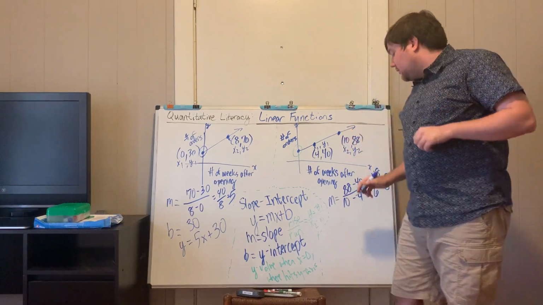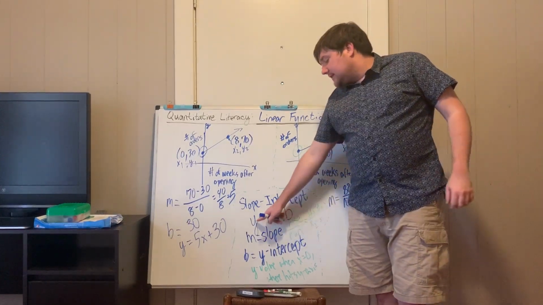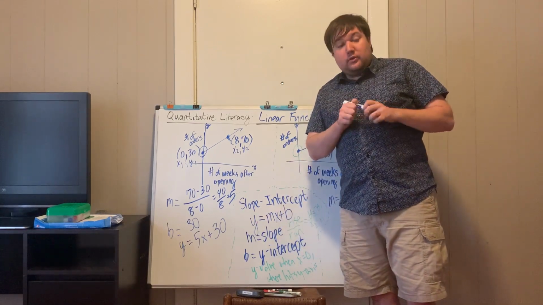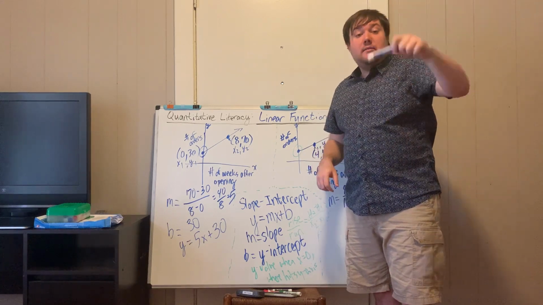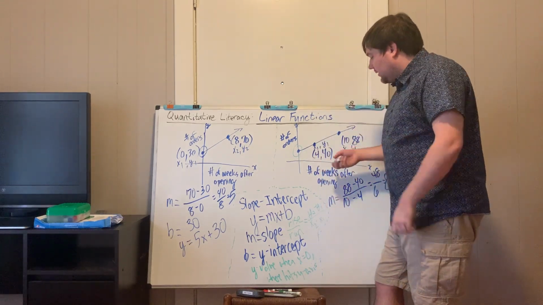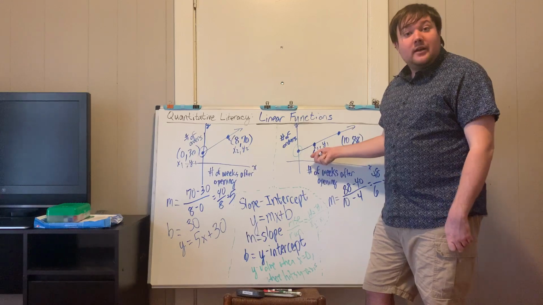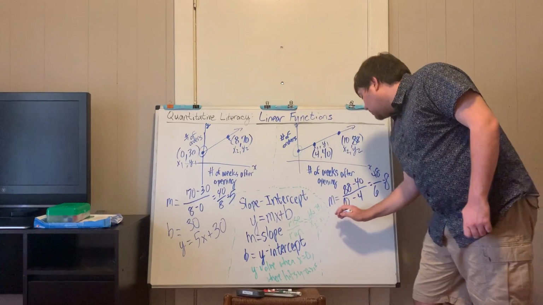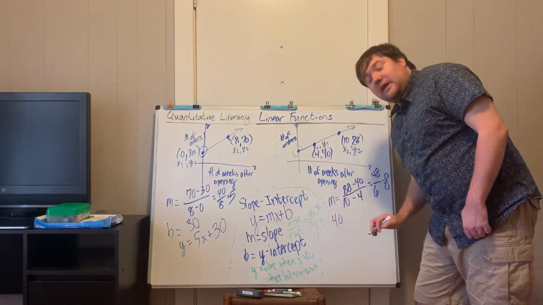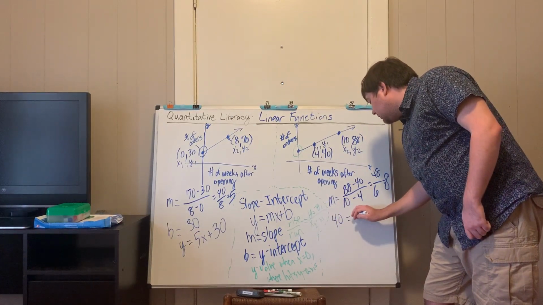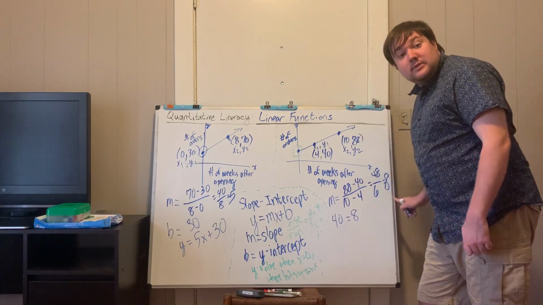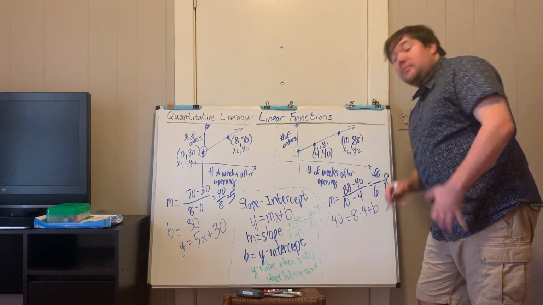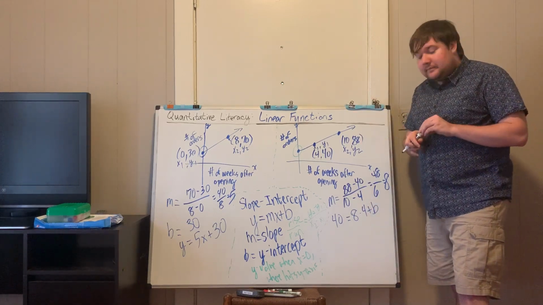Well, the thing we can do is remember our equation takes the form of y equals mx plus b. And that equation is going to work for every point on the line, including, let's say, 4 and 40. That's an x and a y. So what we can do is plug in 40 for y. We know that m is 8, because we just found that. x in this case is 4, plus b is what we're going to be looking for.